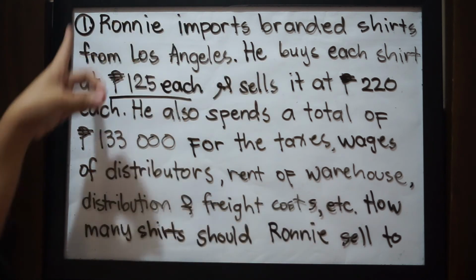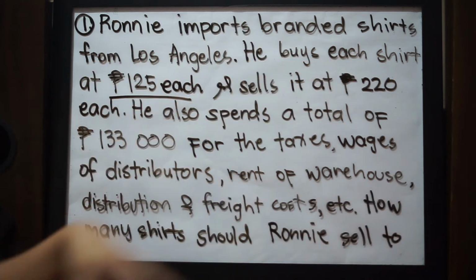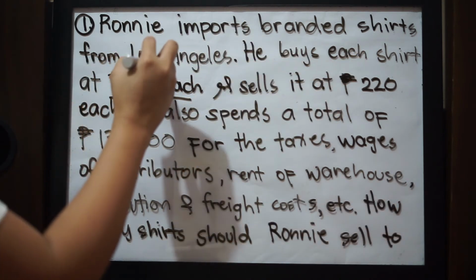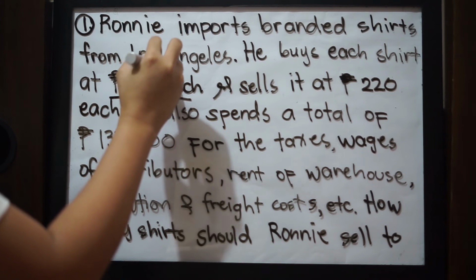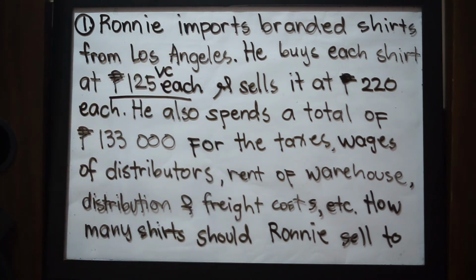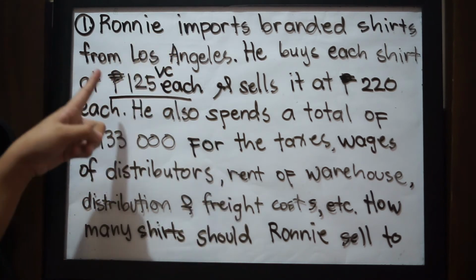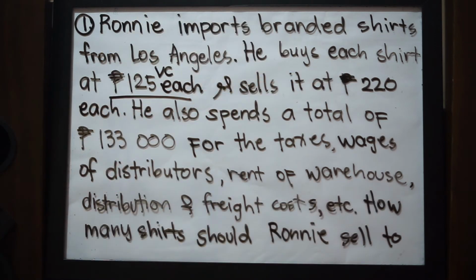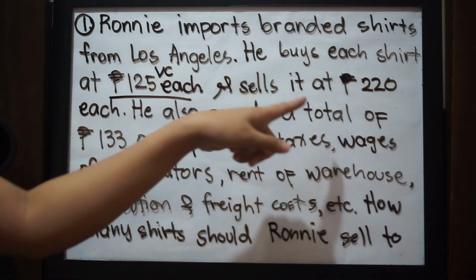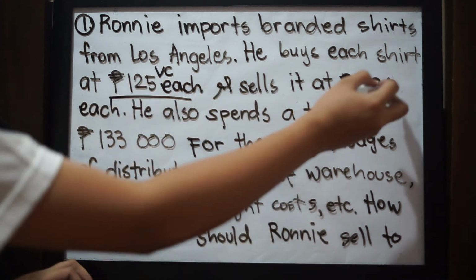Dahil nakadepende yung 125 pesos dun sa product, 125 is the variable cost. Hindi siya fixed cost, kasi nakadepende yung 125 dun sa number of shirts. Kaya, variable cost siya.